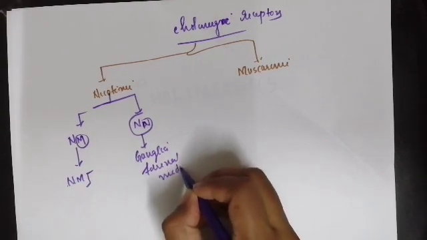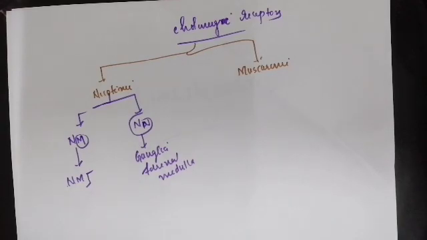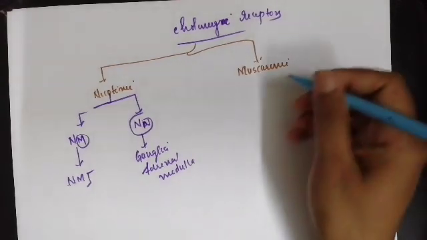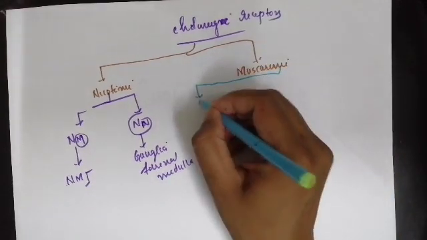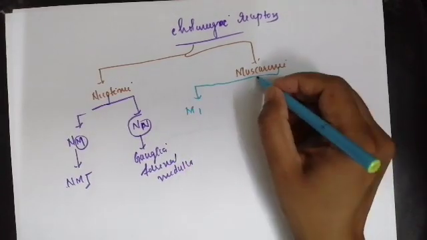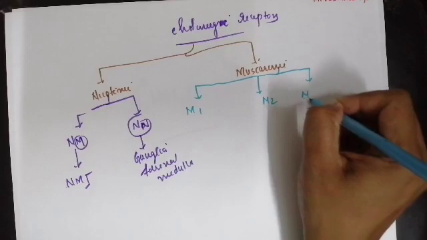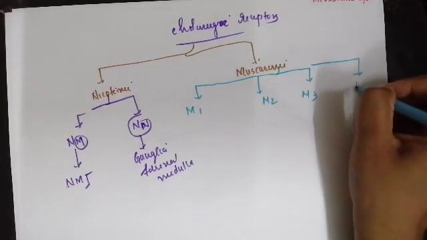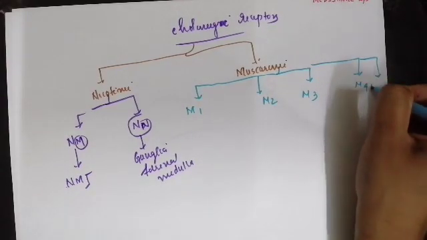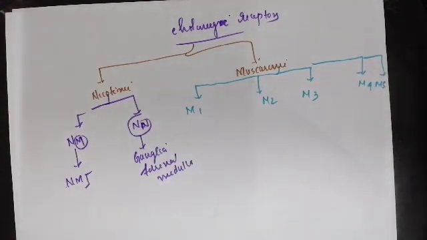Muscarinic receptors are of 5 types: M1, M2, M3, M4 and M5. First look at the M1 type of receptors.